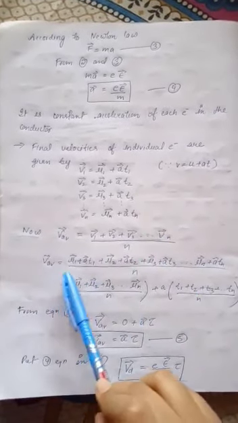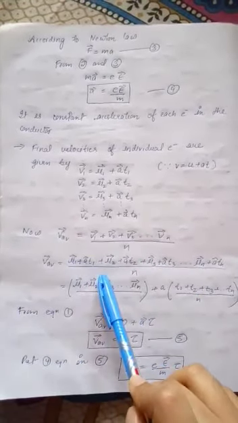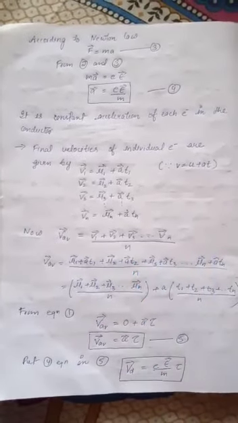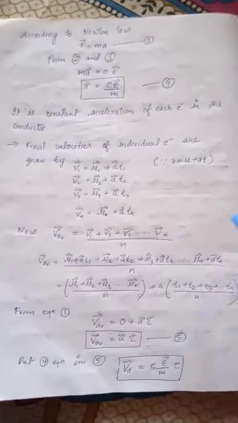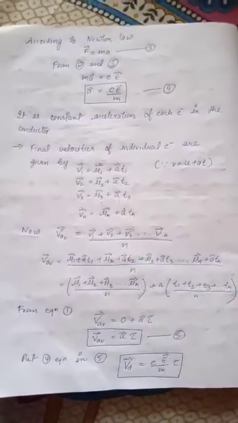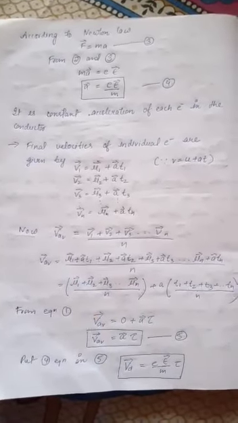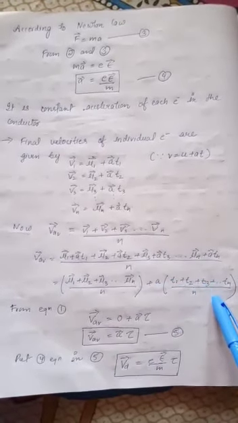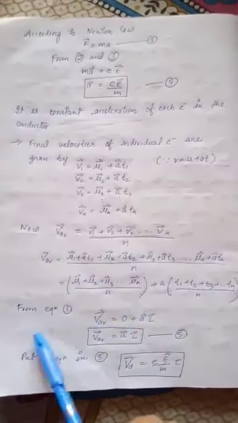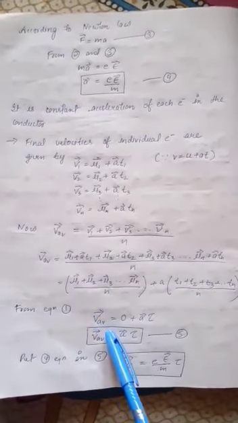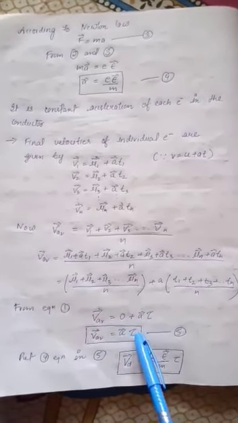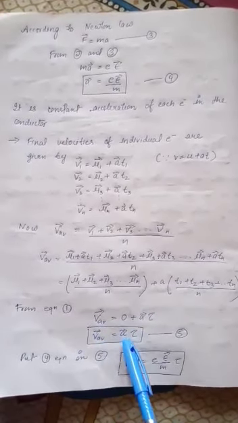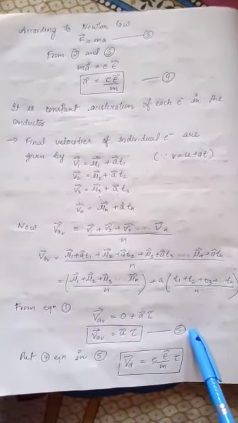Then average velocity = (u1 + at1 + u2 + at2 + u3 + at3 + ... + un + atn)/n. Now this can be written as (u1 + u2 + u3 + ... + un)/n + a(t1 + t2 + t3 + ... + tn)/n. Now the first quantity will be 0 from equation number 1. Then average velocity is equal to a tau. These are vector quantities. This is equation number 5.